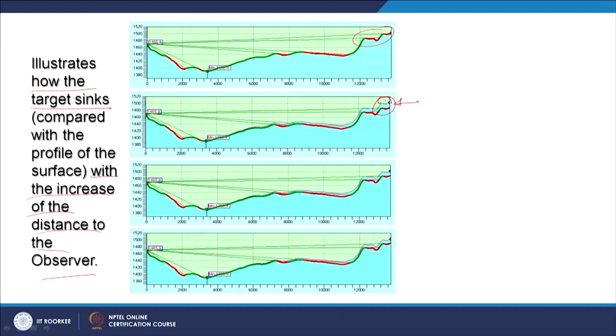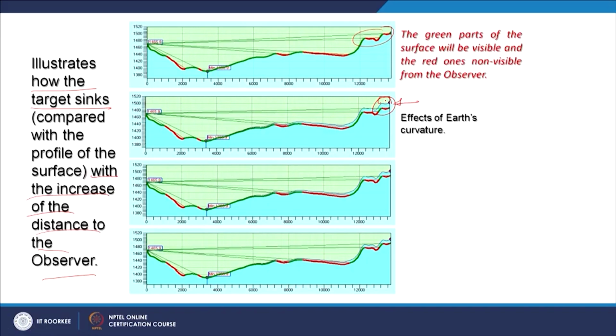So different scenarios will have different results. Here you are seeing the curvature of the earth affecting, here you are seeing the line of sight or radio propagation, and here you are seeing the effects of atmospheric refraction.